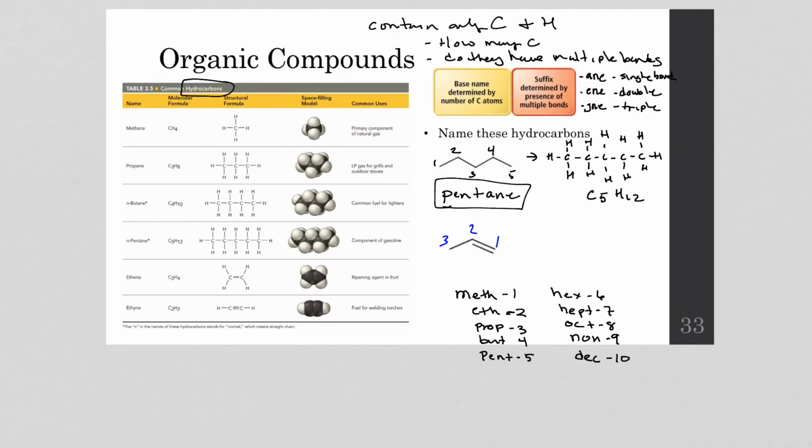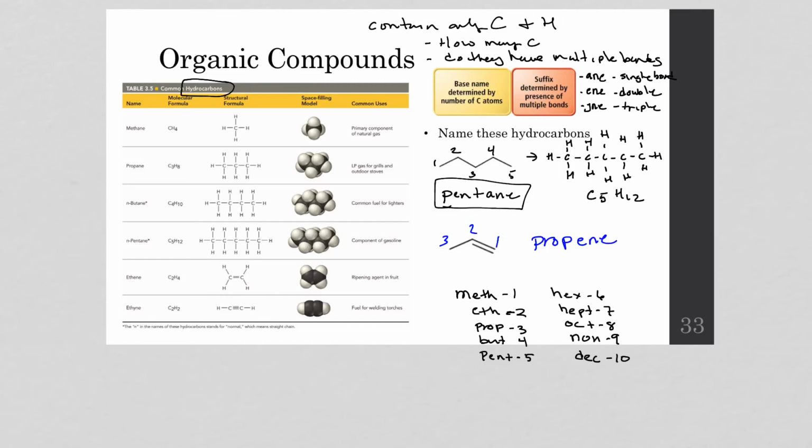But we have 3 carbons, so that's going to make my prefix prop. That's my 3 carbon. And since it has a double bond, I'm going to have an ene ending. So propene is going to be the name of this compound.